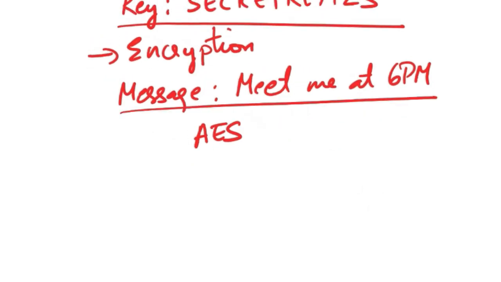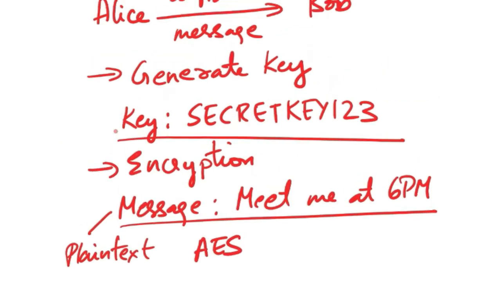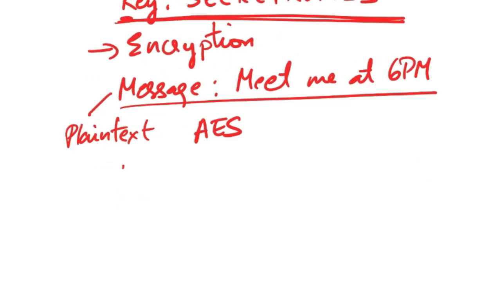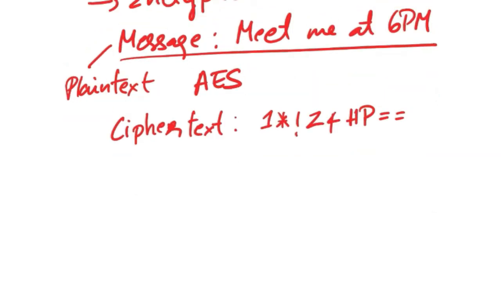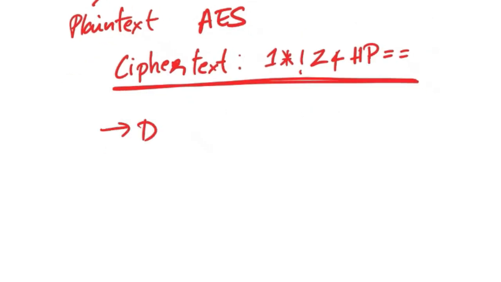So this is the plain text and this is your key, and the ciphertext or the encrypted text would be something like this. Okay, Alice then sends the encrypted message, this message, to Bob over the insecure channel, that is the internet. Now, next step is decryption.